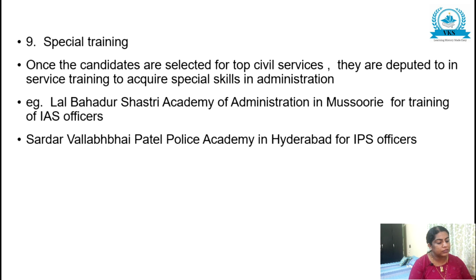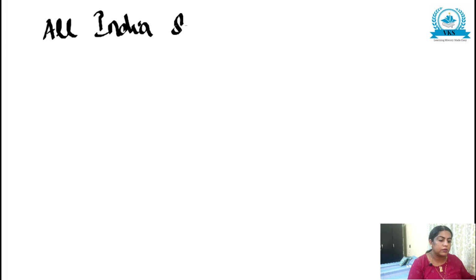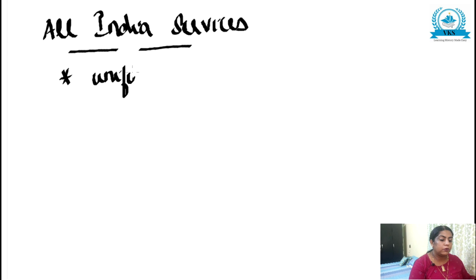So now let us go to the next topic. The next topic is about All India services. The intention of having All India services was mainly to ensure uniformly high standard of administration in all states.